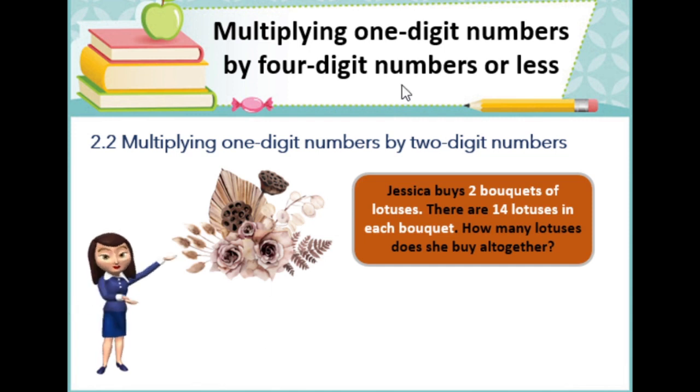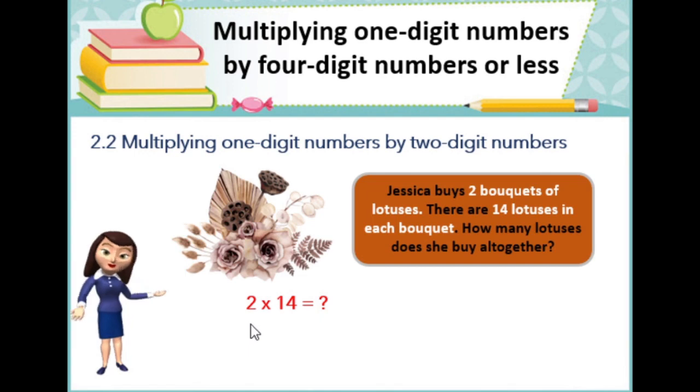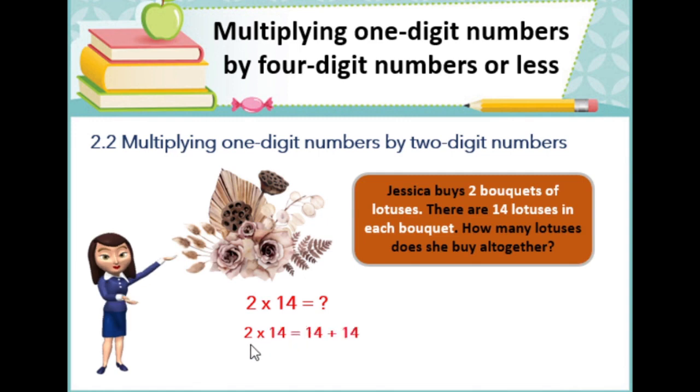Now, we need to find the product of this. 2 times 14 equals unknown. We can have this: 2 times 14 equals 14 plus 14 because it is 2 groups of 14. So in addition, we can write it this way: 14 plus 14.